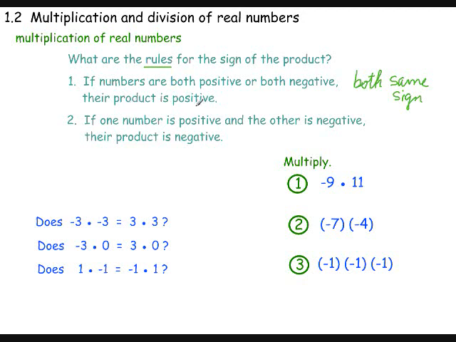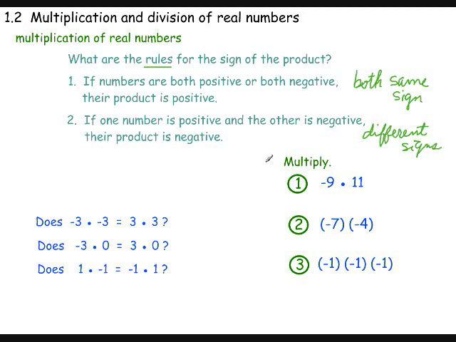Their product is positive. However, if you have two numbers, one is positive and the other is negative, these are factors which have different signs.